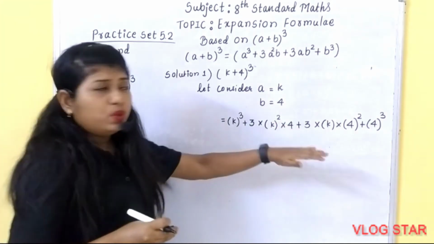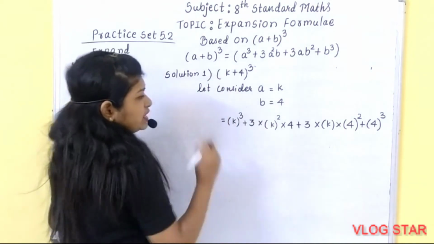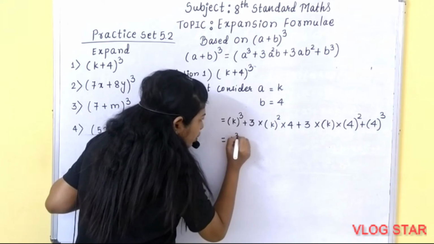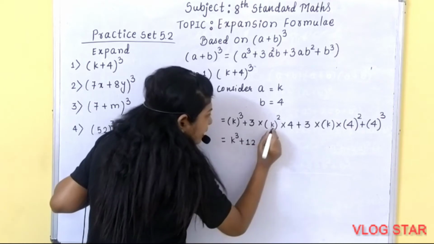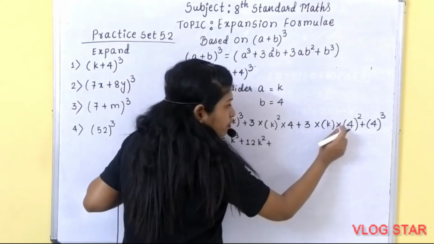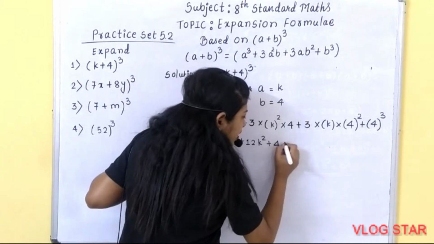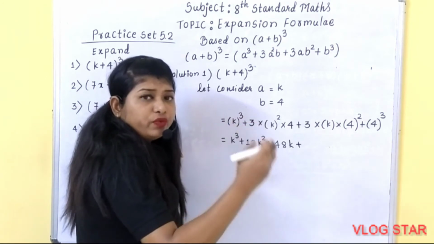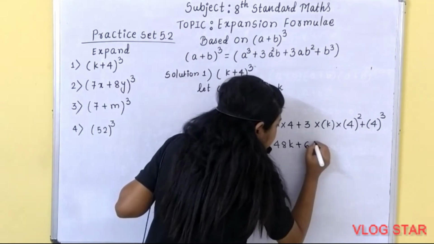Simply you have to use the (a + b) whole cube formula as it is. After using that formula, what will you get? k cube plus 4 3s are 12, k square, plus 4 square is 16, 16 into 3 is 48k, plus 4 cube is what? 4 into 4 into 4. 4 4s are 16, 16 4s are 64.